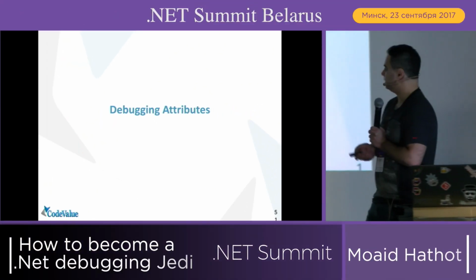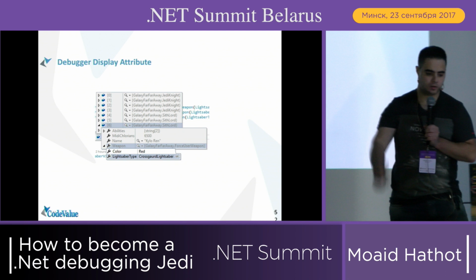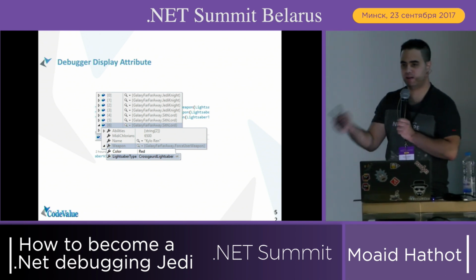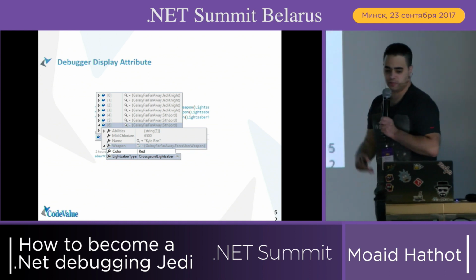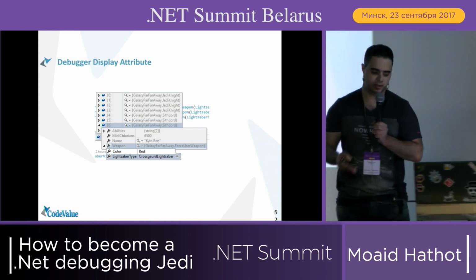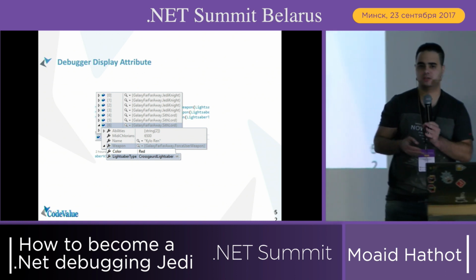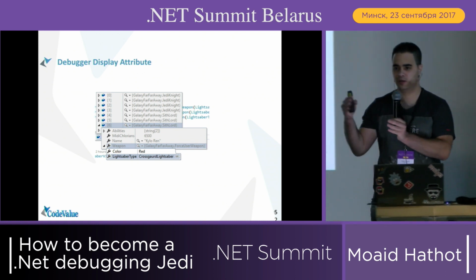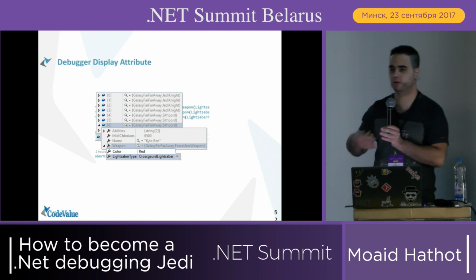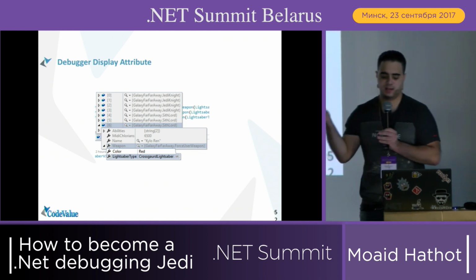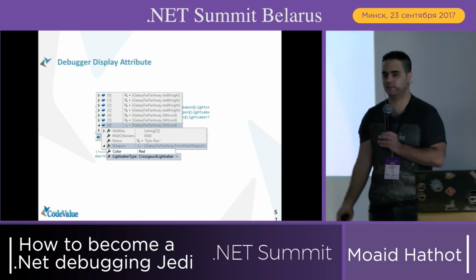Okay, but let's look at debugging attributes. Well, let's look at this screenshot. We have a list and we're trying to view the list, but what we are seeing in each one is either the default ToString or our definition of ToString. But it's not optimal.